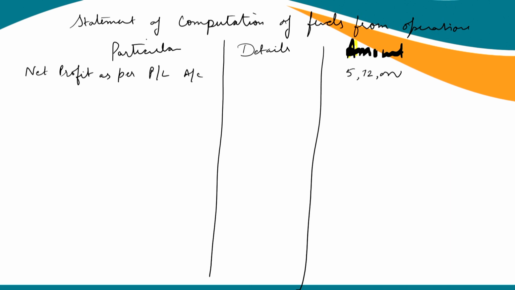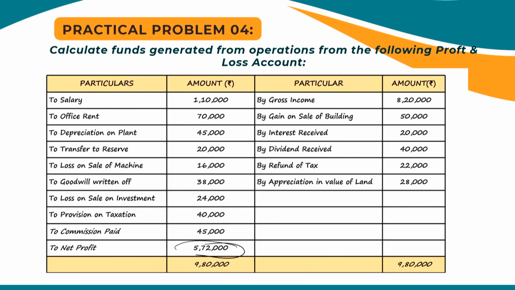Again, as we discussed in the last question also, we will add those items which are non-operating and non-fund expenses and losses. As per the question, salary is an operating expense, office rent is an operating expense. We start with depreciation on plant.